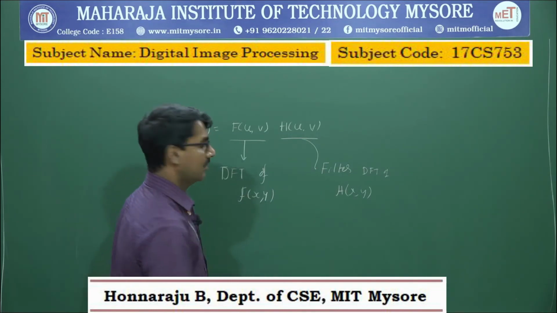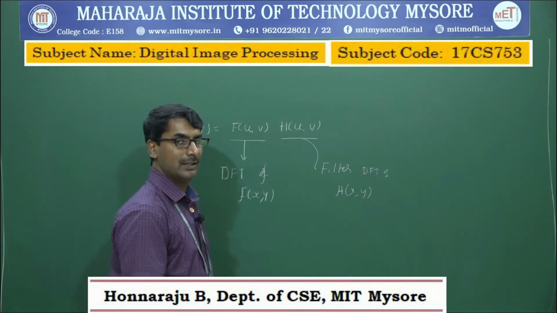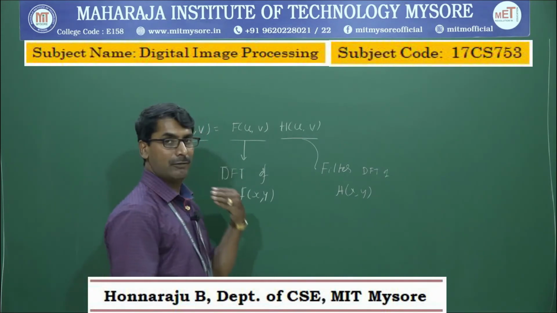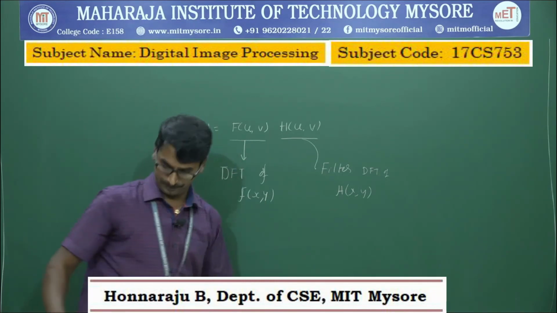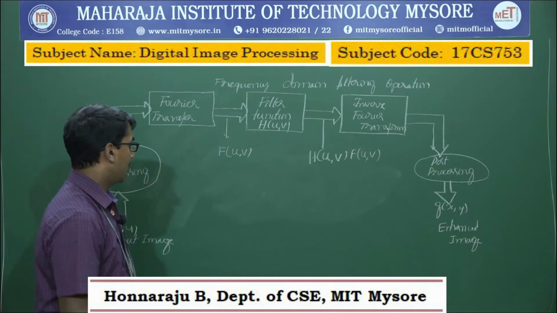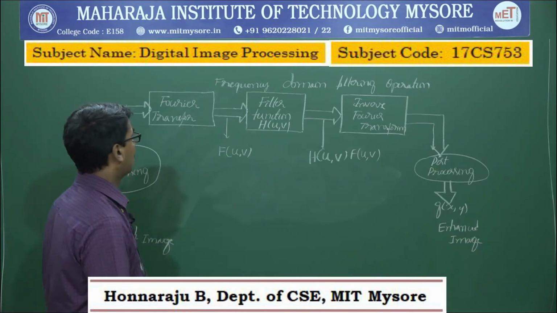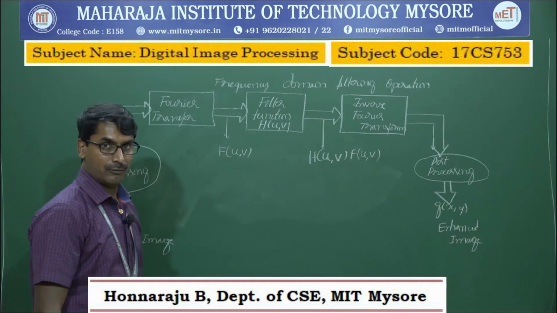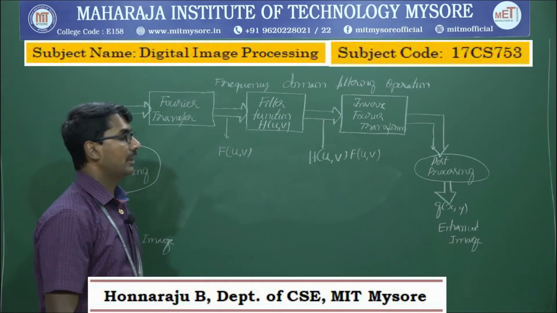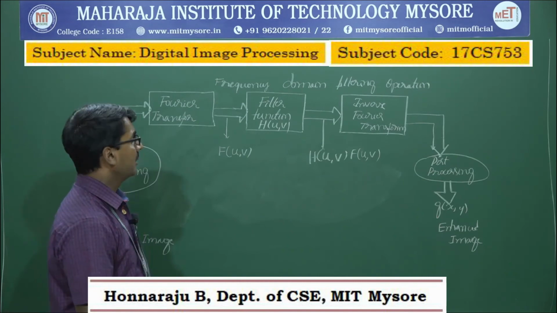Okay, let's consider the steps to be followed when performing filtering in the frequency domain. This block diagram represents the steps for performing the filtering operation in the frequency domain.